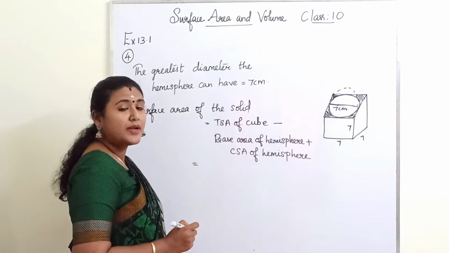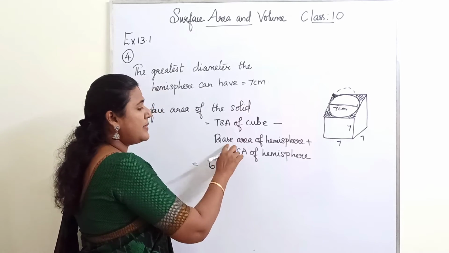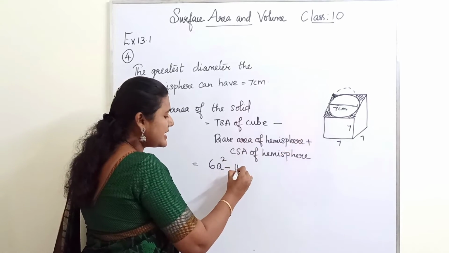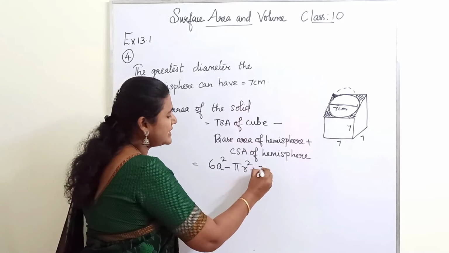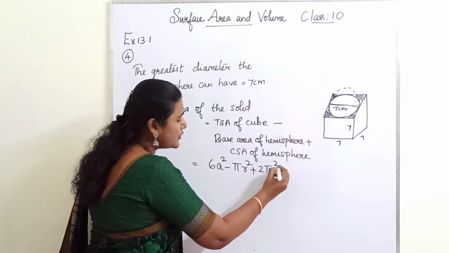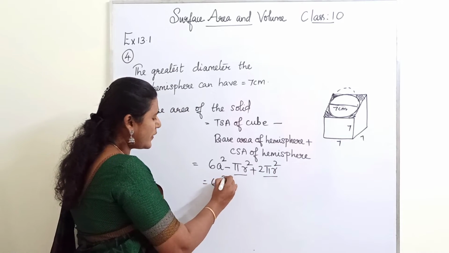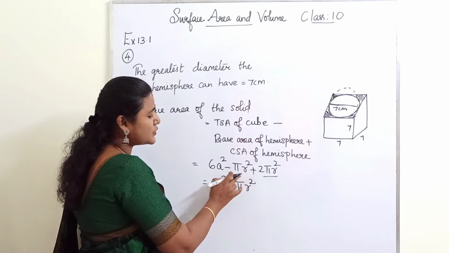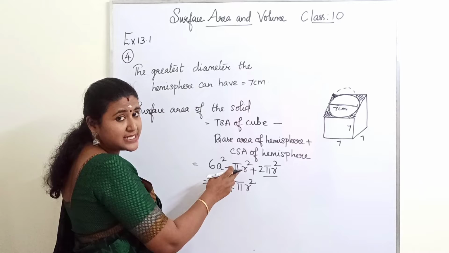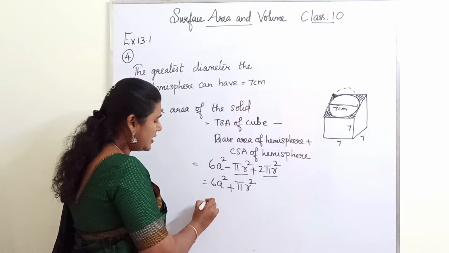What is the formula for TSA of a cube? 6a square. The base area of a hemisphere is pi r square, and the CSA of a hemisphere is 2 pi r square. Now we can simplify these two terms: 6a square plus pi r square, since this is also the radius of the hemisphere.